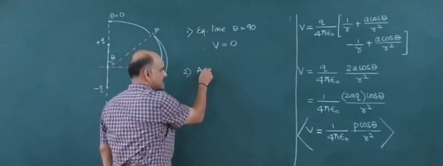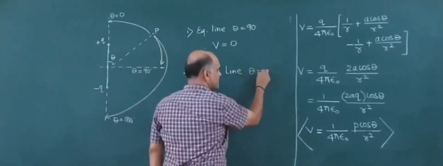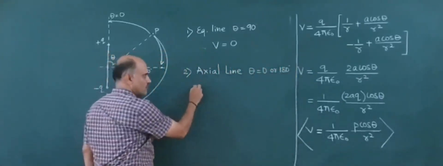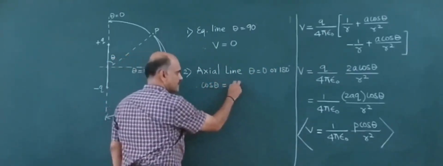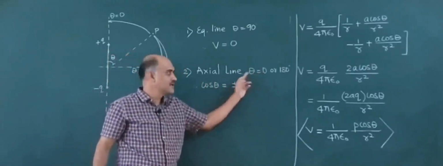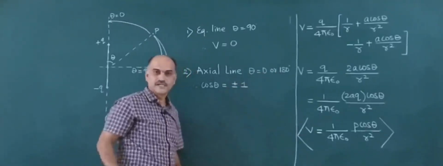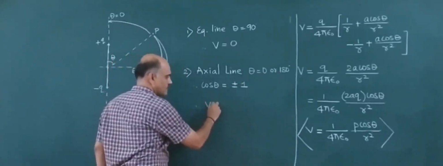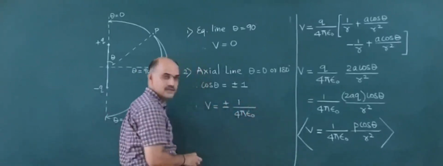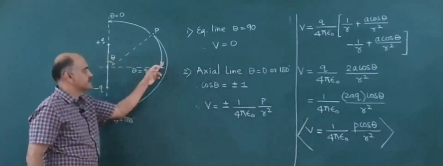So if point P is on the axial line, theta is equal to 0 or 180 degrees. Therefore, cos theta will be plus or minus 1. So the potential expression will be V equal to plus or minus 1 by 4 pi epsilon naught P divided by R square, when the point is on the axis.